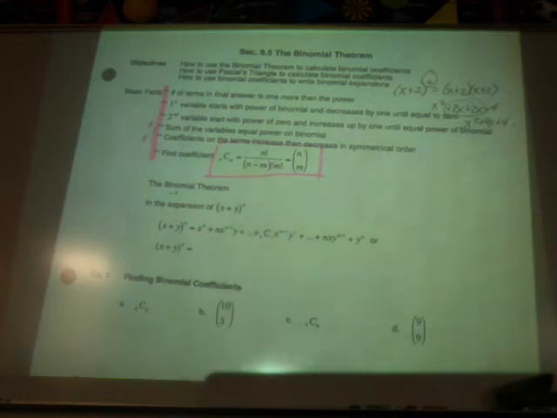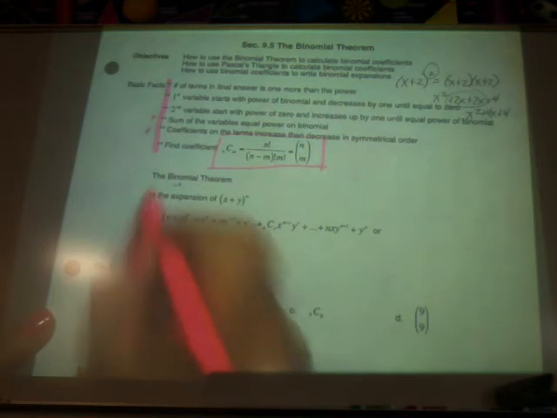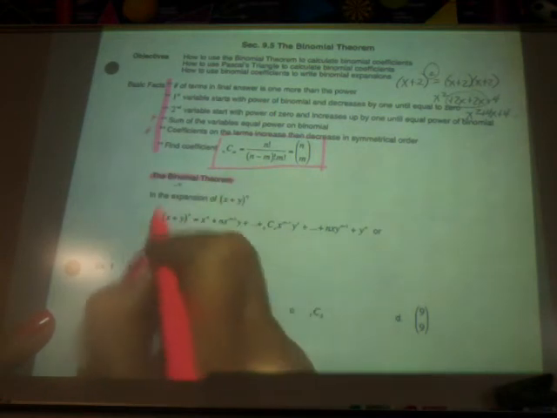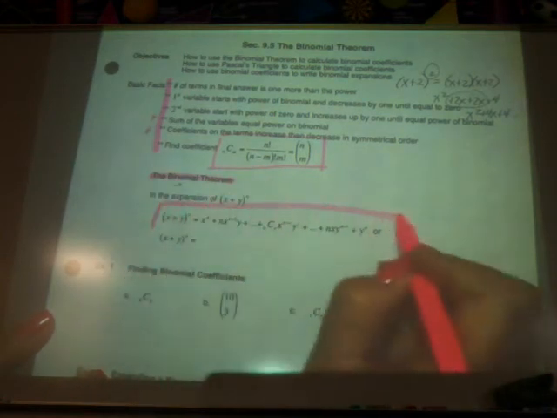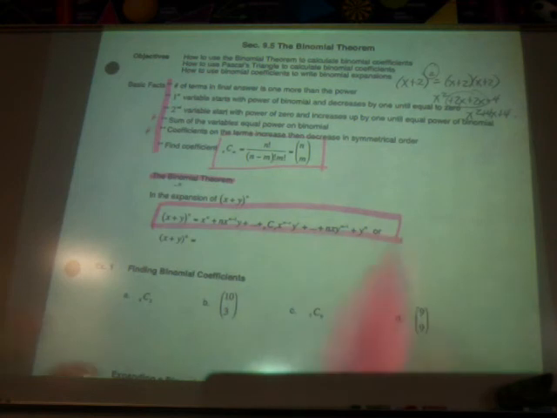So here we go. The binomial theorem looks like this, and it's kind of ugly. I don't expect you to memorize that, because I'm going to show you an easier way to do that. So that's x plus y to the n.